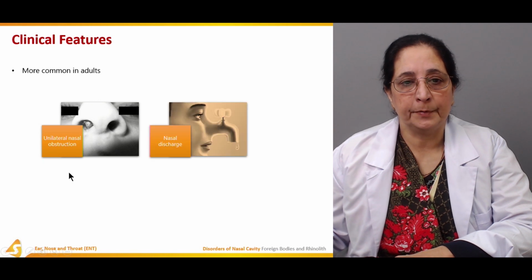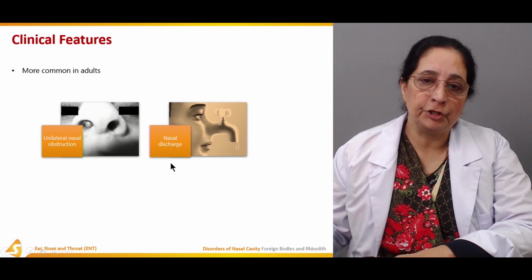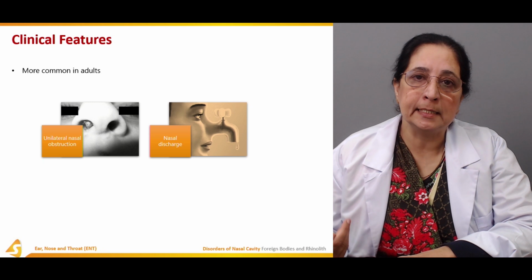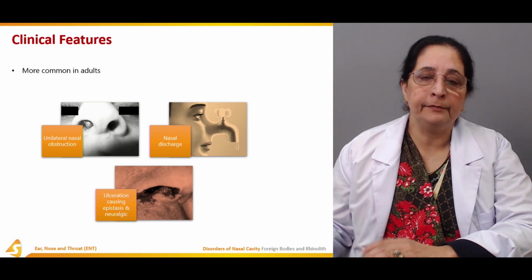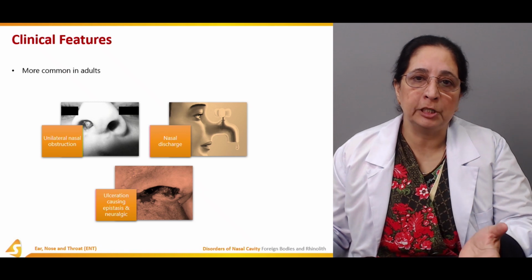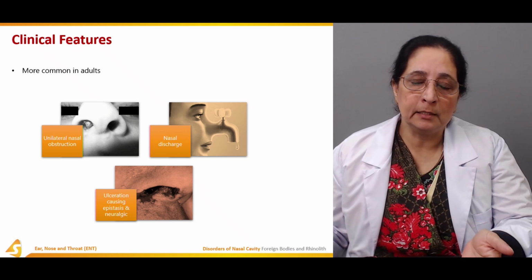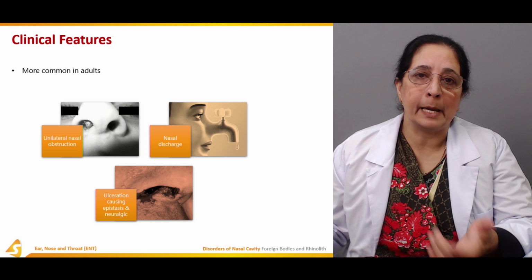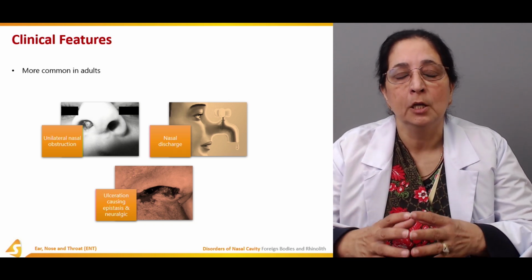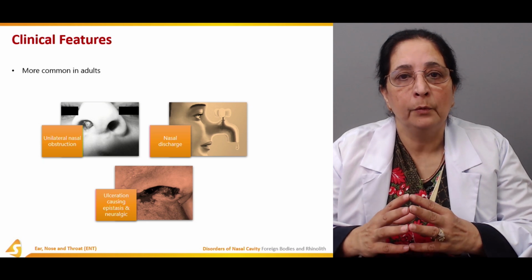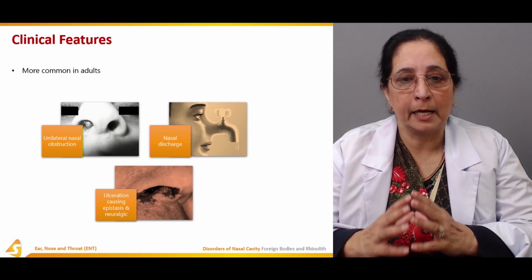Nasal discharge can also occur as a result of the rhinolith. And if there is ulceration of the tissue or the nasal wall, then it can cause epistaxis, pain, and neuralgic symptoms. So all that can occur with the rhinolith.